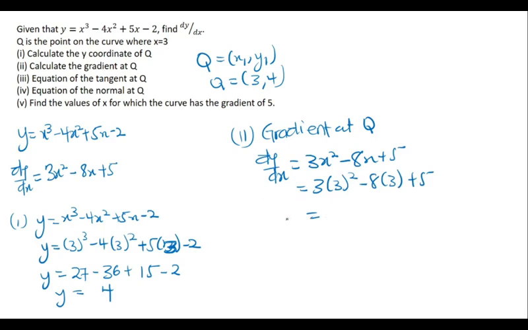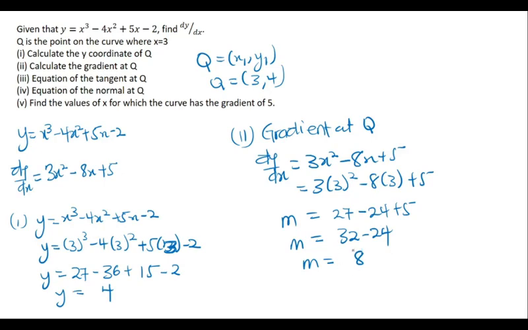So our gradient, let me use m, which is the gradient over here, is going to be 27 minus 24 plus 5. That is 32 minus 24, and then our m is 8. So our gradient for this particular example is 8.